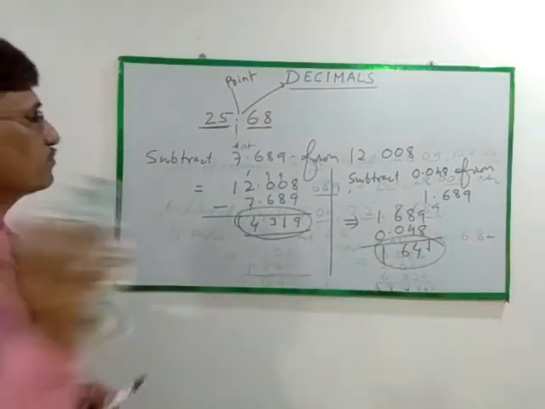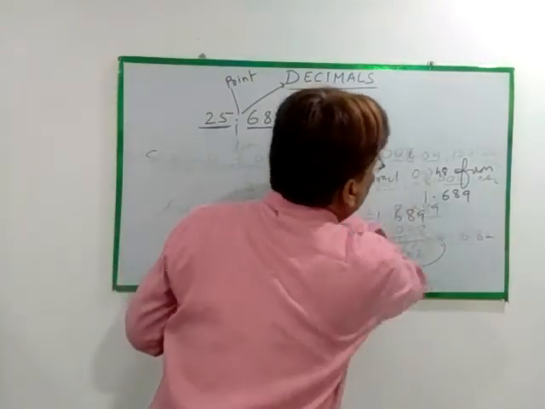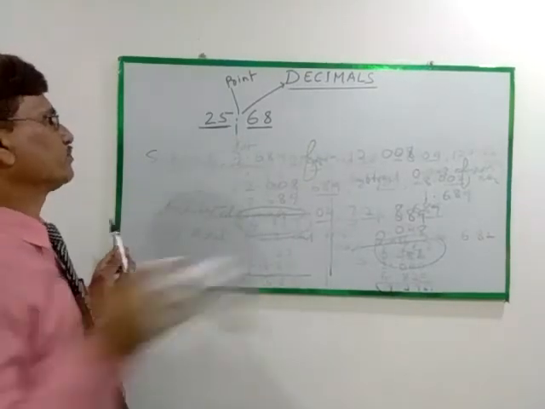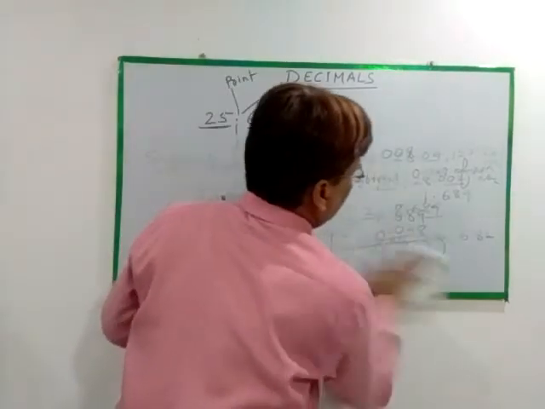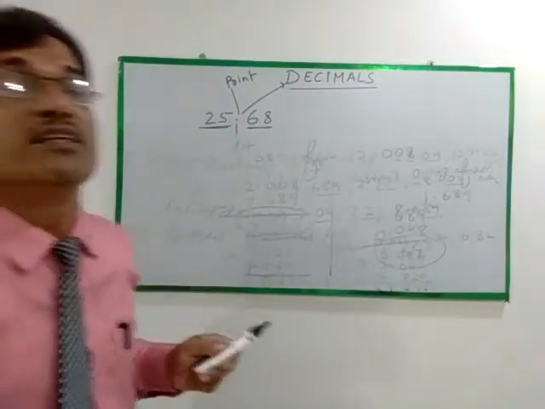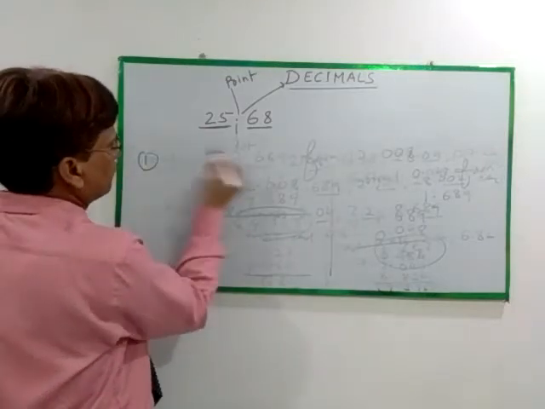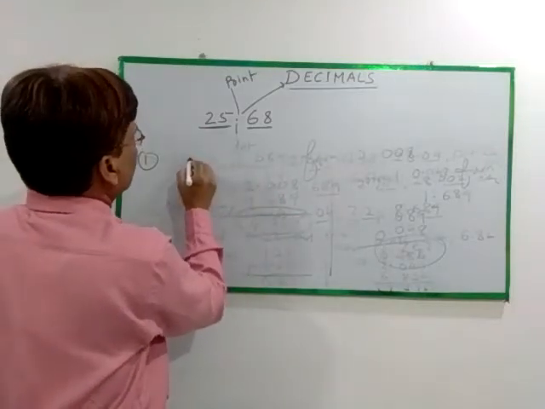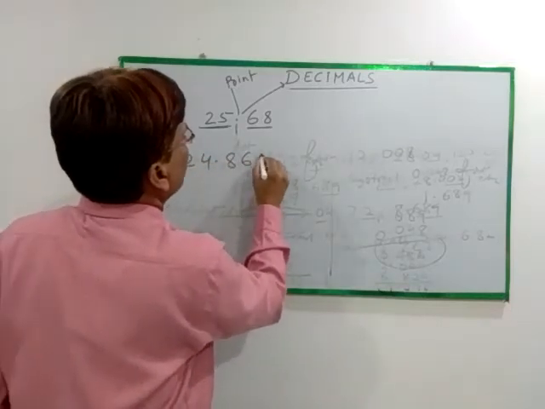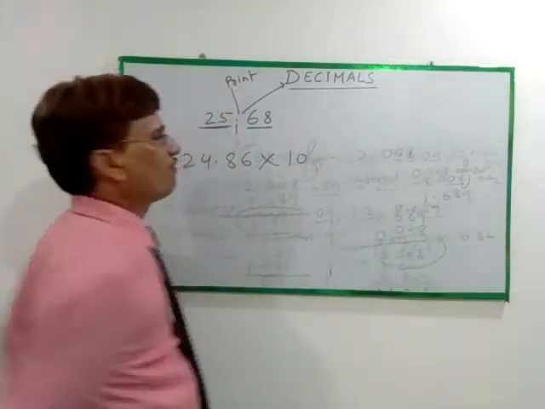Now we will learn how to multiply decimals. Suppose we have a number 24.86 and we want to multiply by 10.